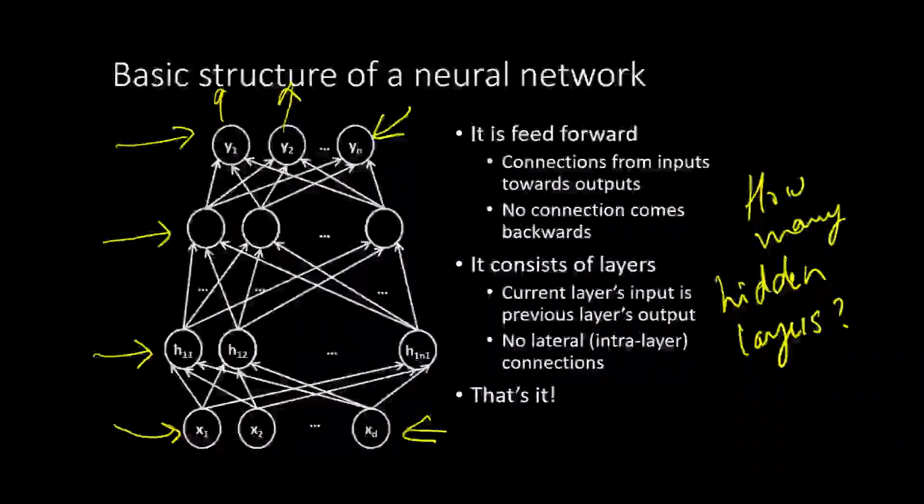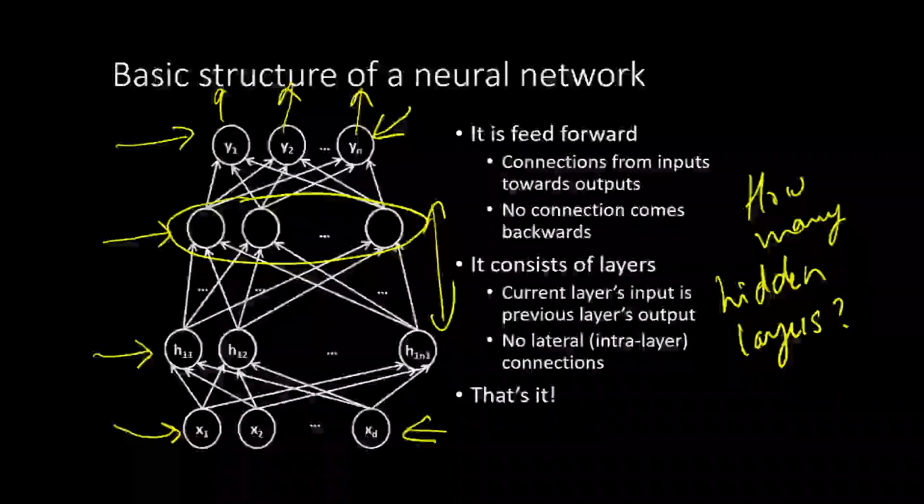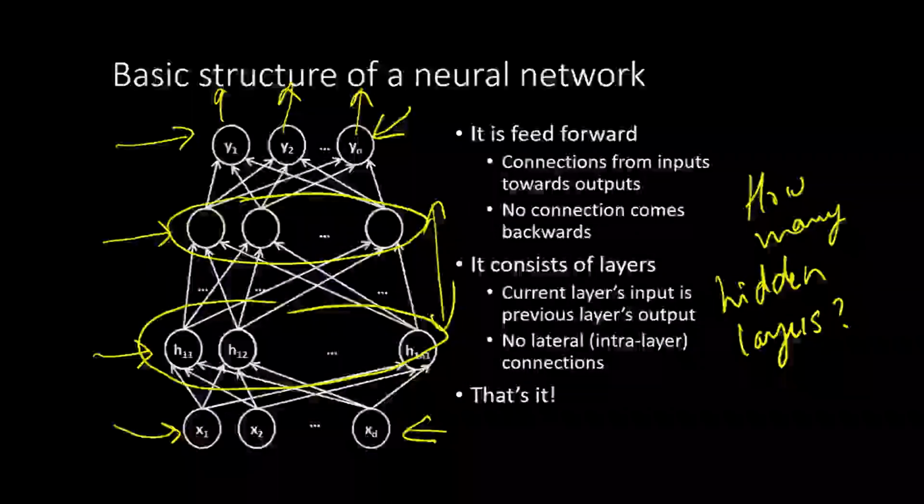If you have three-dimensional regression, then you will have 3 outputs and so forth. So the input and the output dimension is fixed. The number of hidden layers is something that you have control over, and that's your hyperparameter. Then within each hidden layer, the number of neurons, or the dimension of that layer, is also a hyperparameter.